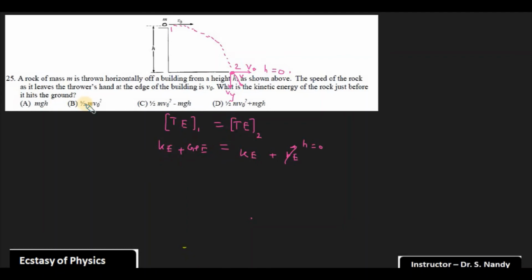The kinetic energy at point 1 is half m v0 squared, and the gravitational potential energy at point 1 is m g h. So that represents the kinetic energy at point 2 just before striking the ground. That means the option is D.